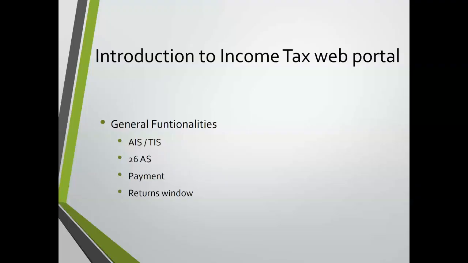Now again, back to the PPT. Or before that, I would show you one thing in the web portal itself. I had shown you outside the web portal how to make the income tax payment.